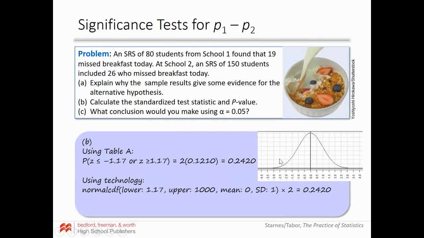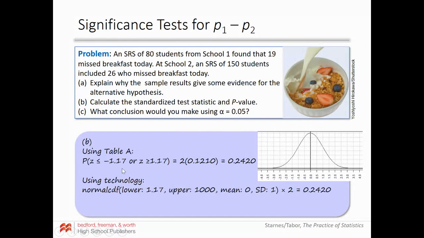And also, since I'm doing a two-tailed test, since it could be either bigger than or less than 0, I'm going to take negative 1.17 and shade to the left. The reason why I know I'm shading to the outsides and not shading internally is because I'm trying to see if this value is different than 0. So I wouldn't want to include 0 in my probability. It's going to tell me I'm going away from 0. I'm saying how far away is this from 0.